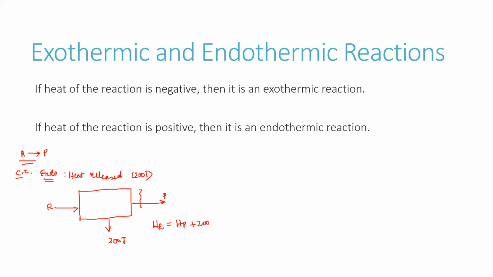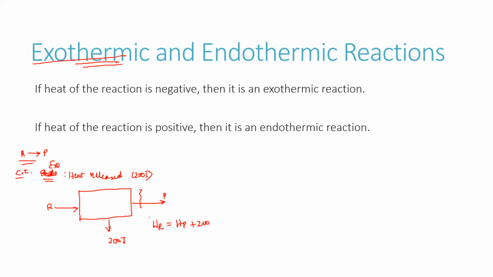In case of exothermic reaction, heat is going to be released. If it is an exothermic reaction, then the heat is going to be released. Endothermic will consume heat or absorb heat. So yeah, coming back, if it is an exothermic reaction, heat is going to be released. So let's assume that 200 joules of heat is being released.